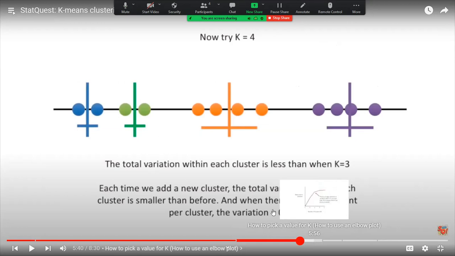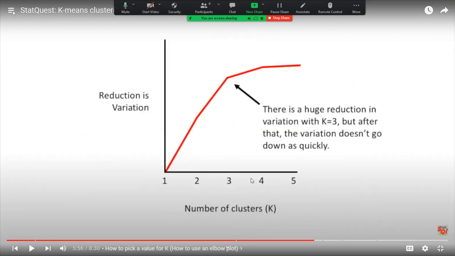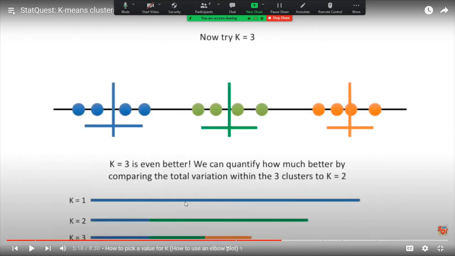So for that, we draw this graph, that is number of clusters. While doing the iterations, choose different number of clusters, say with 2 clusters, 3 clusters, what is the reduction in variance? Reduction in variance is the lower lines you can see. With K2, what is the total variance?